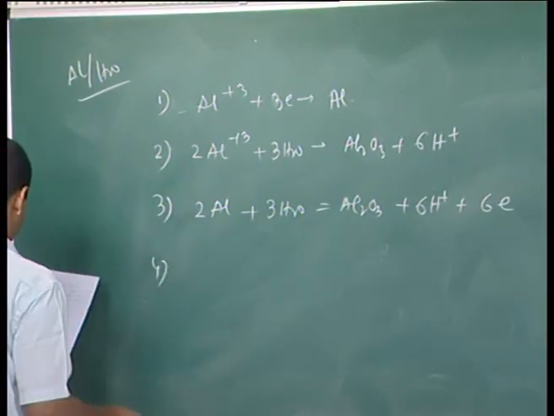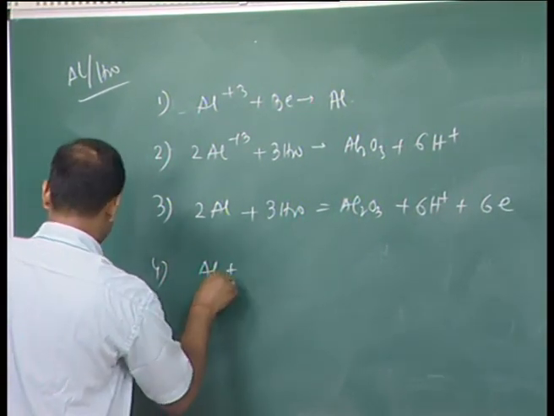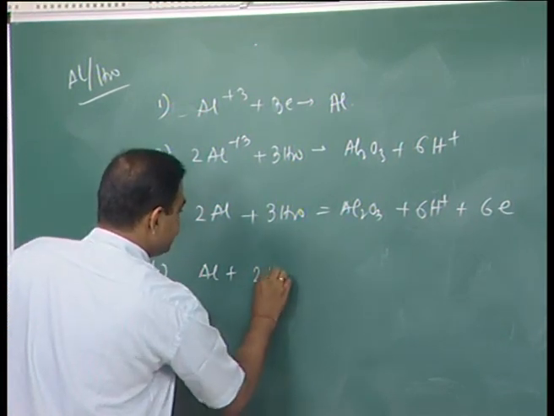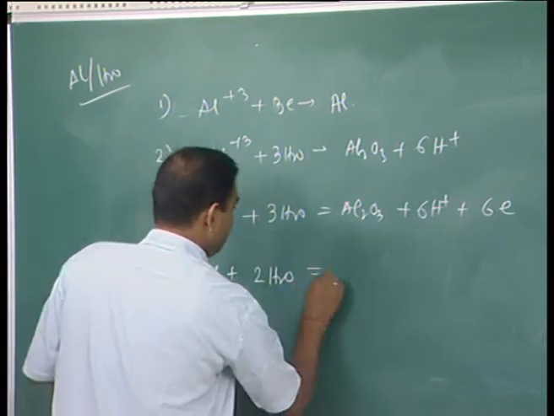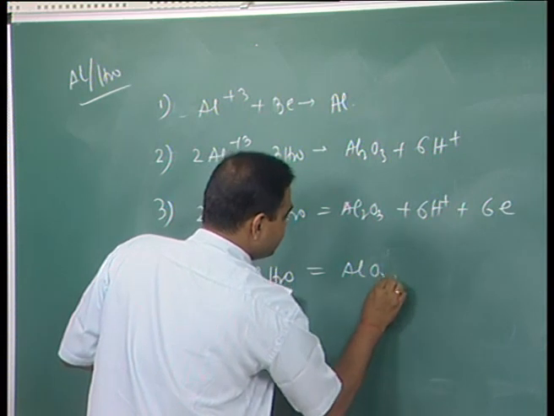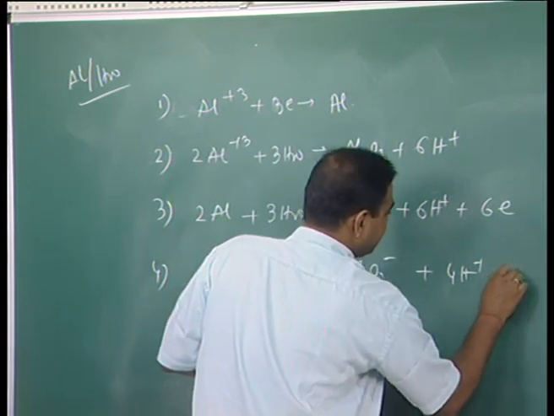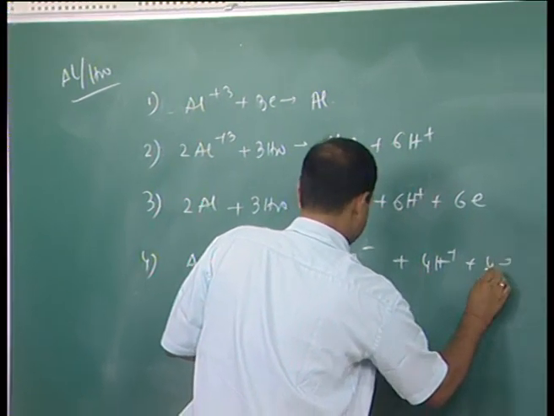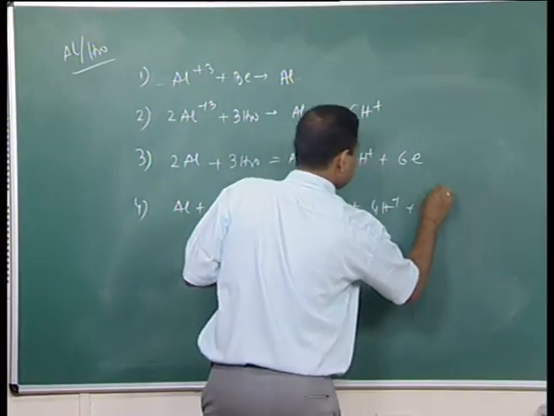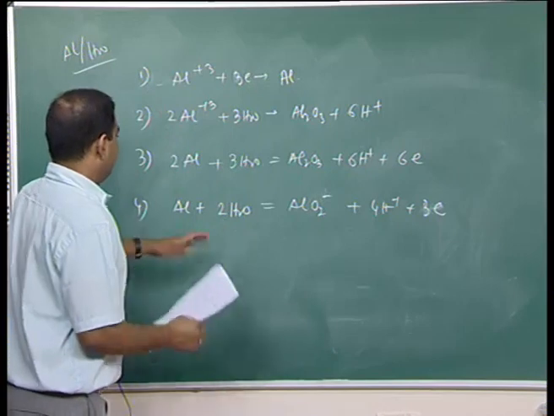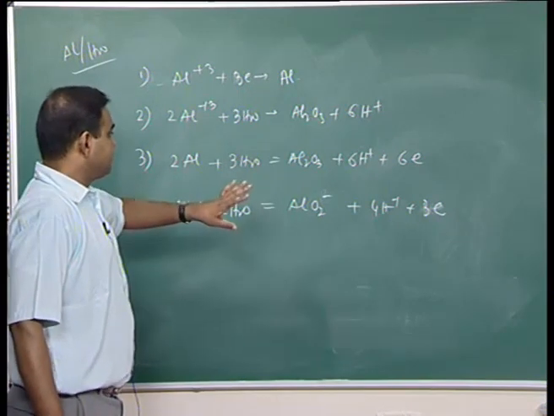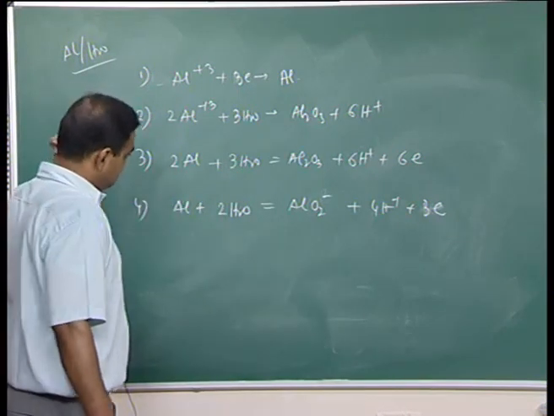Similarly 4, you can also write Al plus 2H2O equal to AlO2- plus 4H+ plus 3e, and the equations are written just to maintain the overall charge balance.